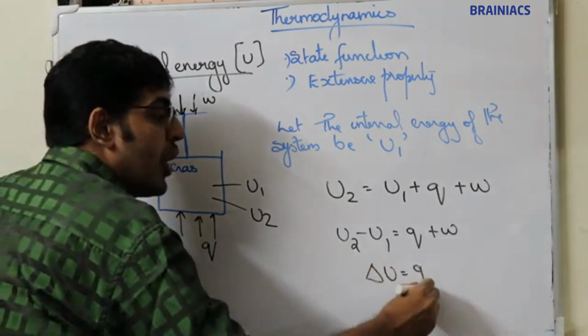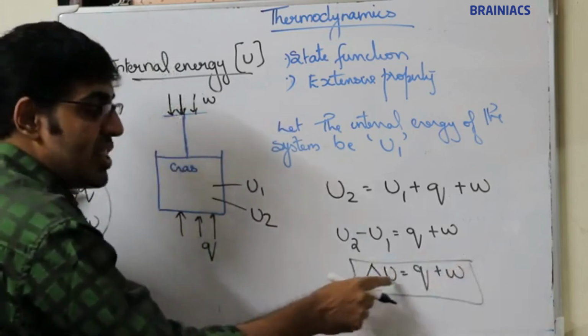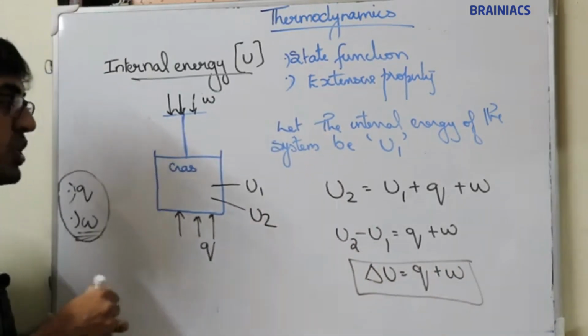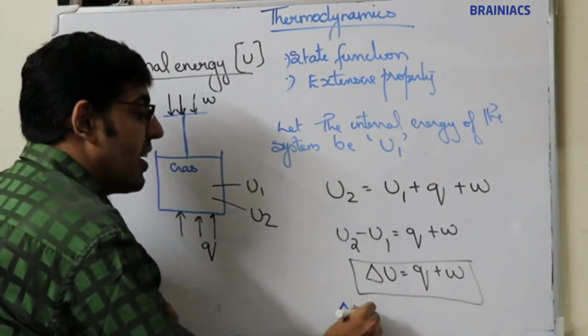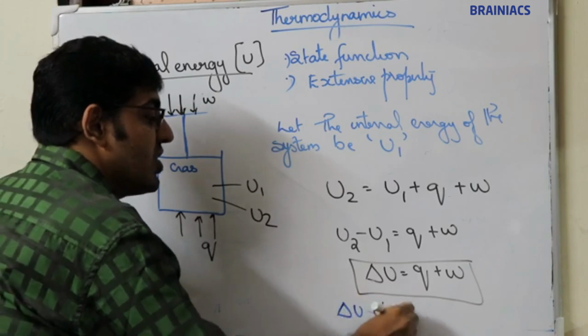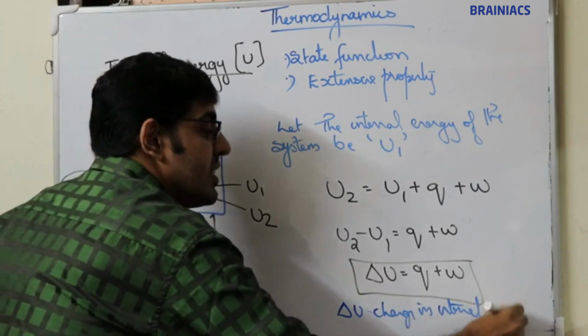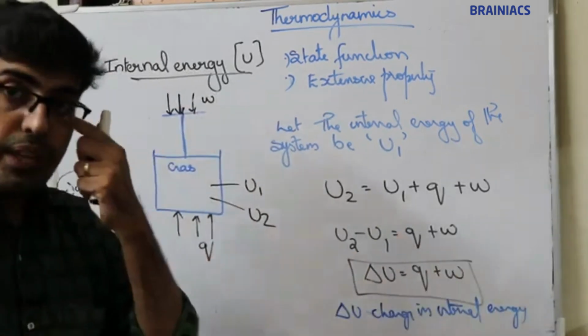Delta U. Delta U is equal to Q plus W. Delta U is the change in internal energy. U2 minus U1 means delta U, that is change in internal energy. So change in internal energy is equal to Q plus W, heat and work.